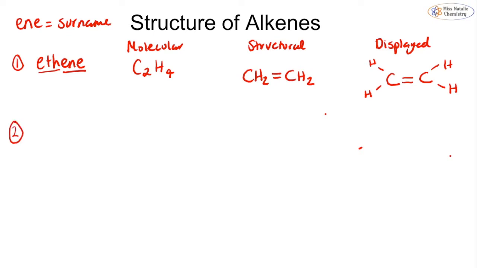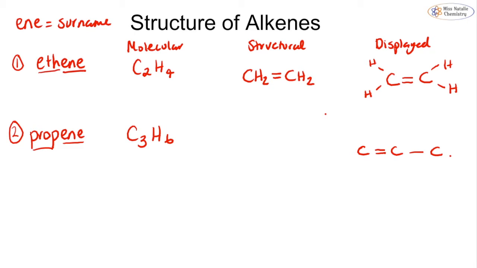For the second one, we have propene, prop meaning 3, so I have C3H6. So for my displayed, I'm going to draw my 3 carbons. Now it doesn't matter where you put the double bond, this is going to be the same molecule regardless of where you put it, so I'm going to put it at the start. And then this is a single bond, so your alkene should only ever have 1 double bond.